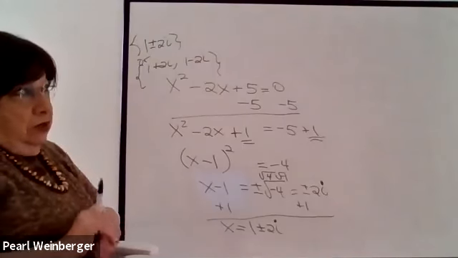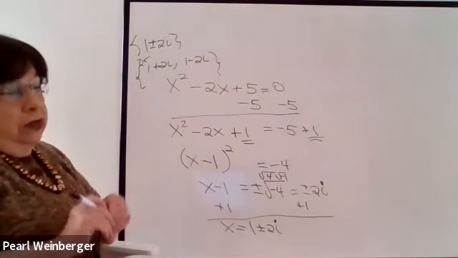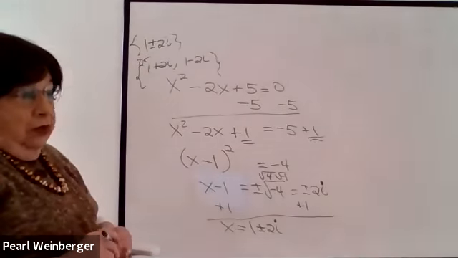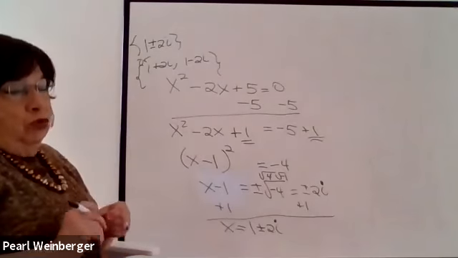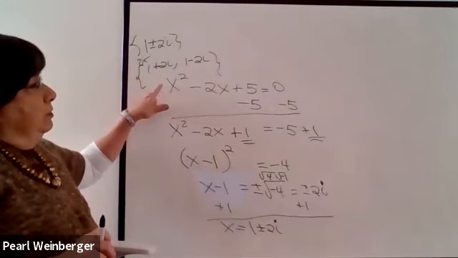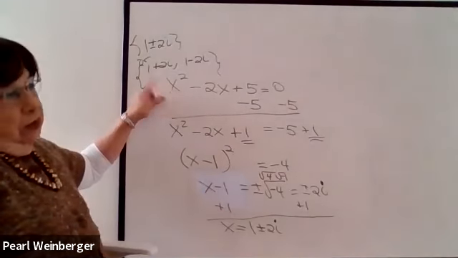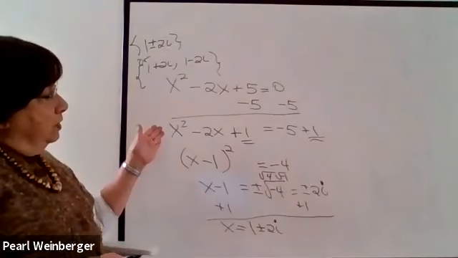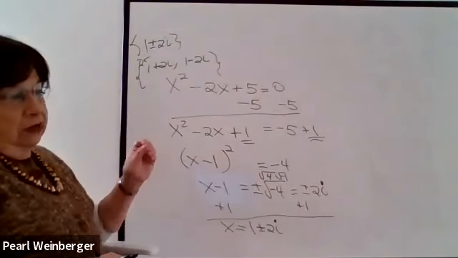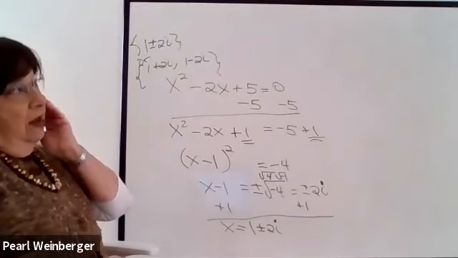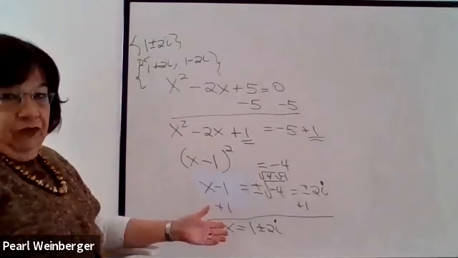Let me just tell you, there are limitations to this completing the square method. You can do it with more difficult problems, but if there's a number in front of the x squared, you're going to have to divide everything by that number. It depends on just having a plain x squared to start out with. If it's not, and you divide everything, you might end up with fractions.